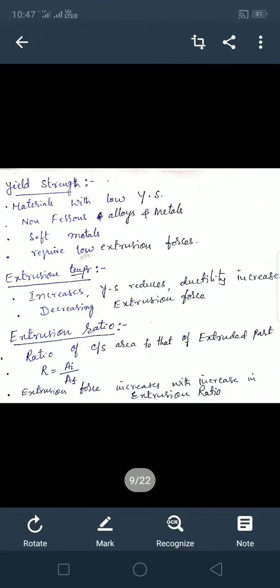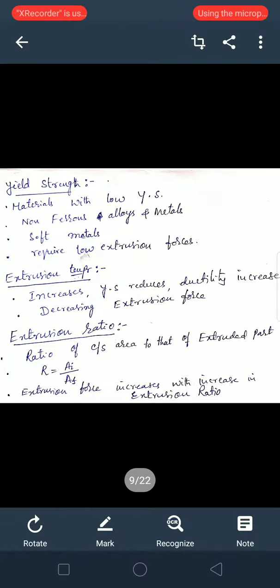Then coming to the extrusion ratio, it is defined as the ratio of the cross sectional area of the billet to the extruded part, and it is given by the extrusion ratio R equal to AI by AF, where AI is the initial cross sectional area and AF is the final cross sectional area.